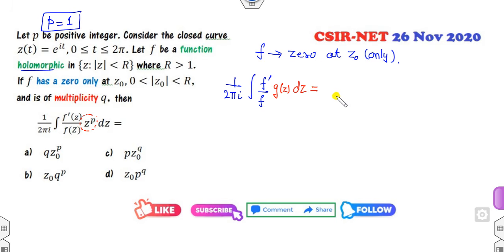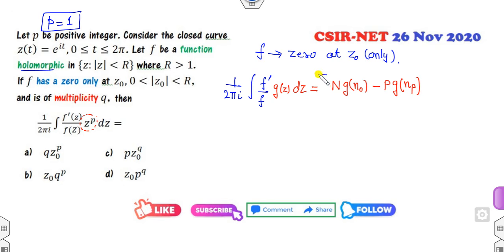Then what will happen? Instead of n minus p, it is n into g of zeros minus the pole into g of poles.